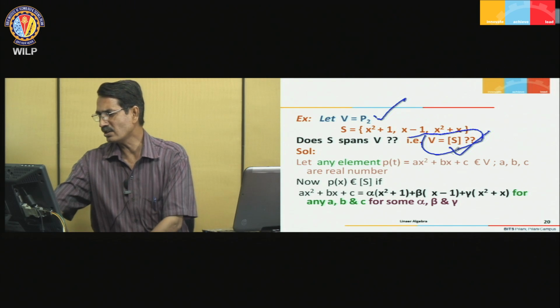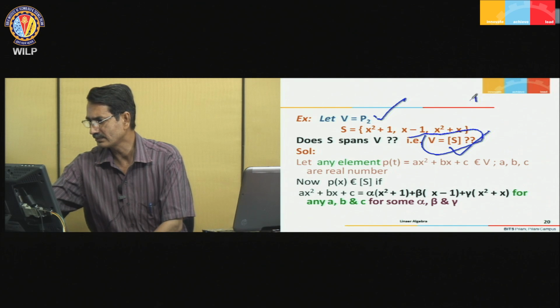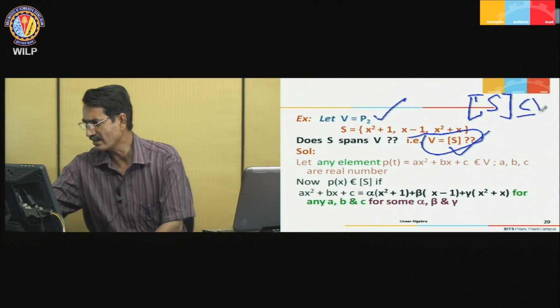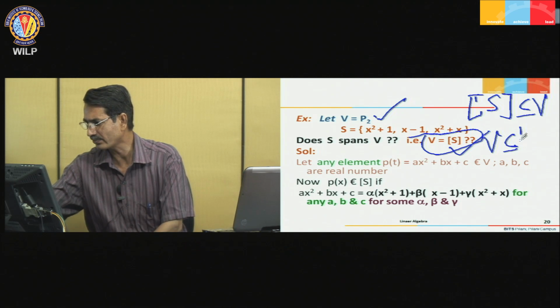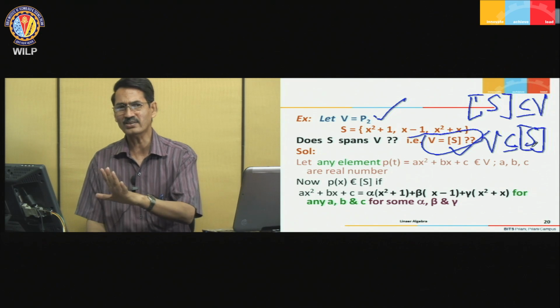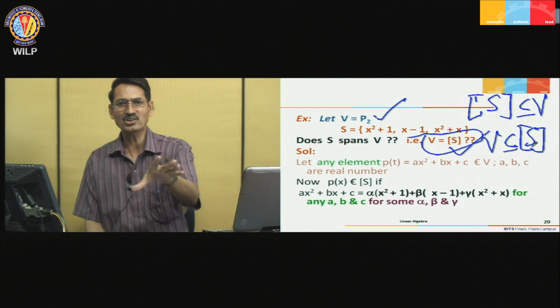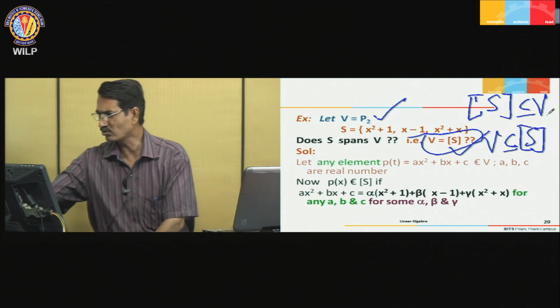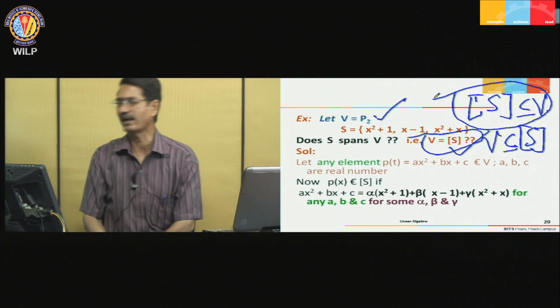So, if V is equal to span of S, it means that span of S must be a subset of V and V must also be a subset of the span of S. If both properties are satisfied, we shall say that span of S is equal to V, meaning thereby that S spans V. But out of these two properties, this property is always satisfied.